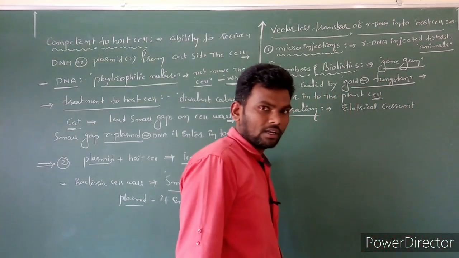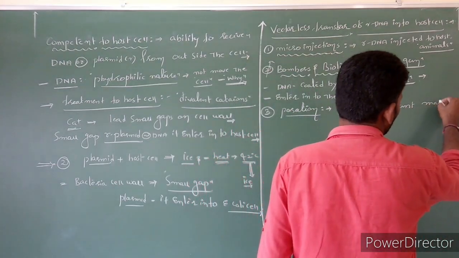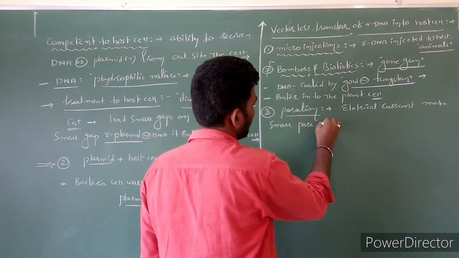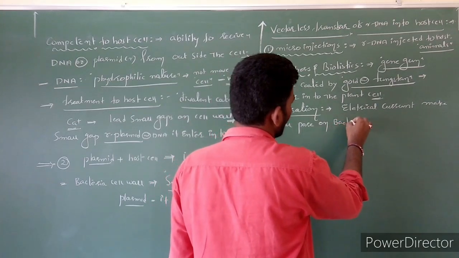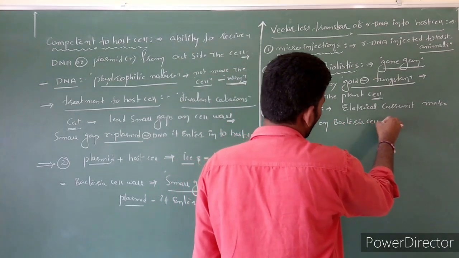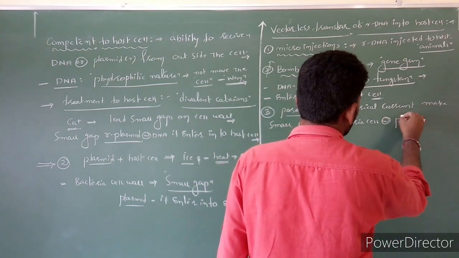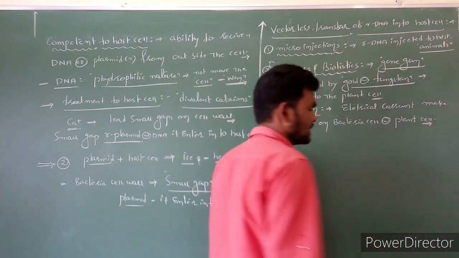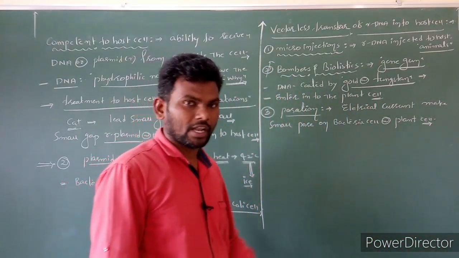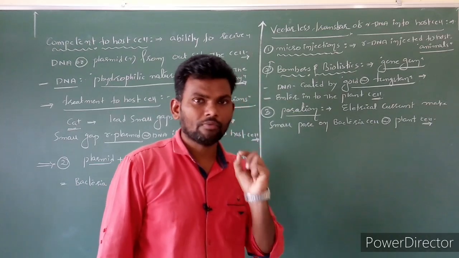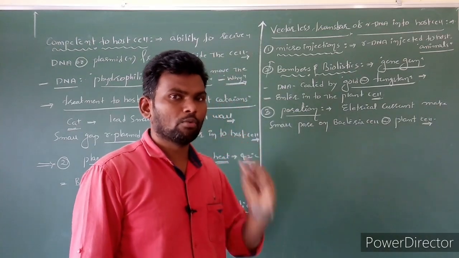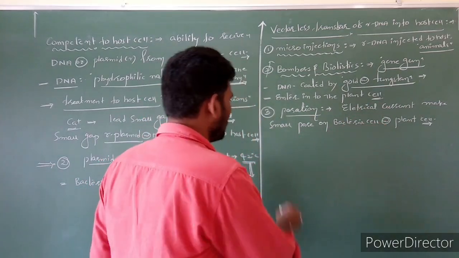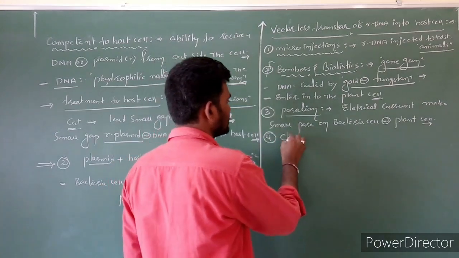By using electrical current we make small pores on the bacterial cell or plant cell. The pore size is according to the DNA size. If the DNA size is small, we make a small pore. If it is big, we make a slightly bigger pore with the help of electrical current.